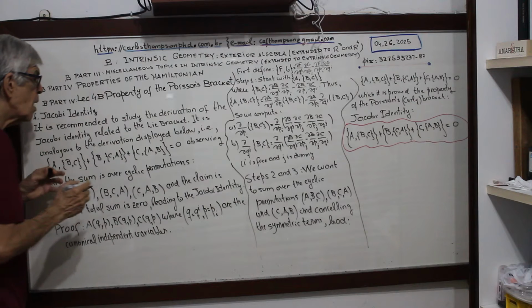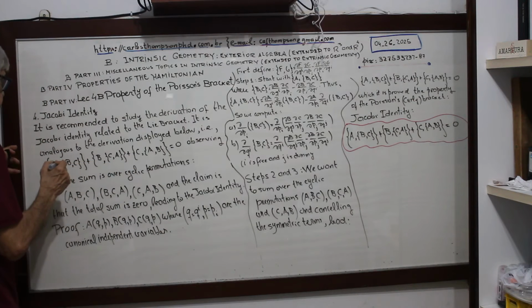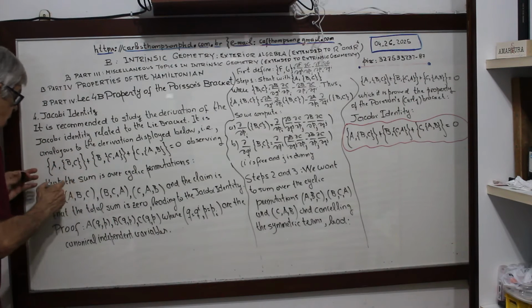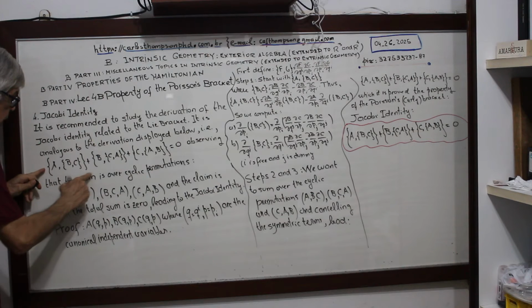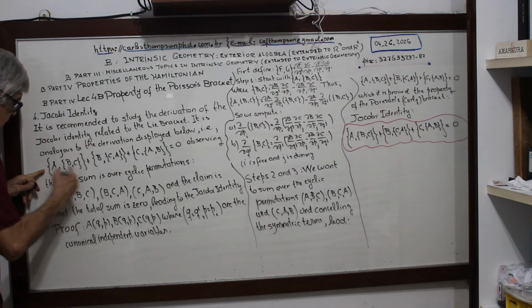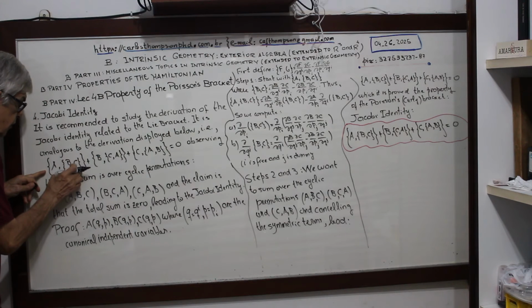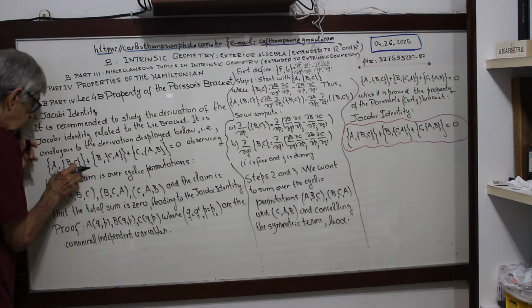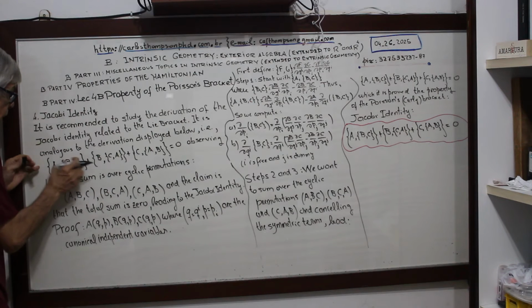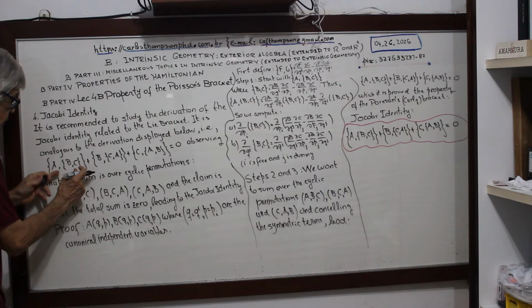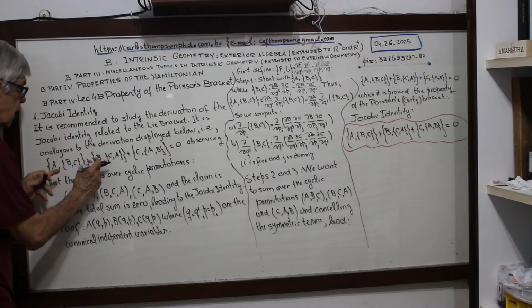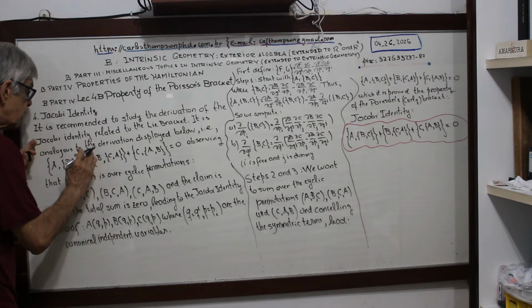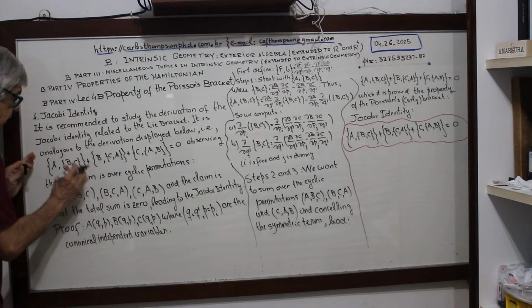Now, this here is the bracket of A, bracket again, the Poisson bracket twice, one here and one there, plus, attention now, this is very interesting because this is a cyclic permutation.